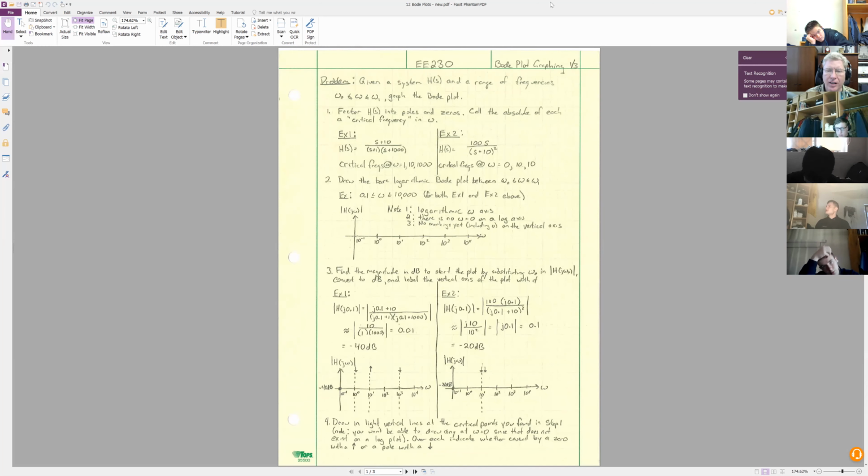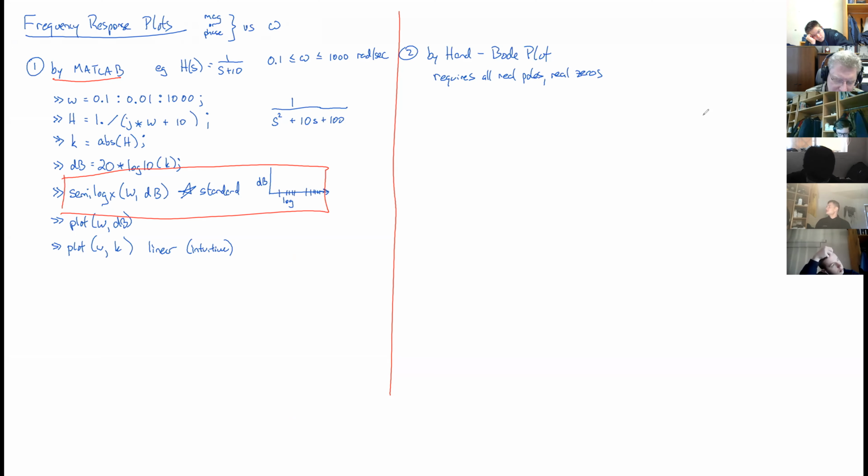The only way to get good at it, as I've said, is to do lots of examples. And I'm going to start you off with an example right now. Let's say we've got our transfer function that we've just described, this 1 over s plus 10. Your first step is to write down all your poles and all your zeros.